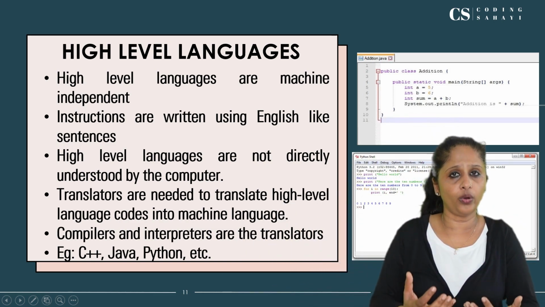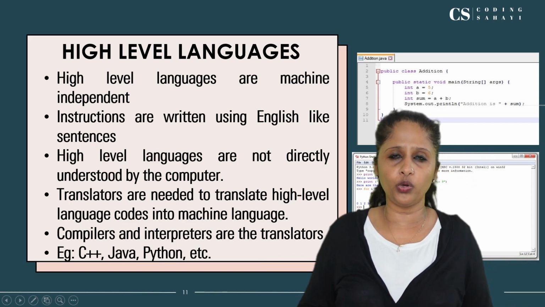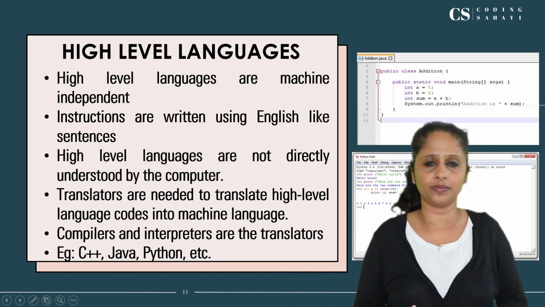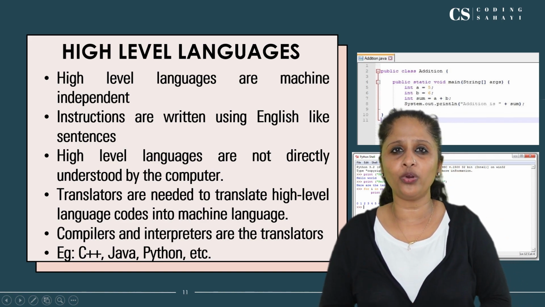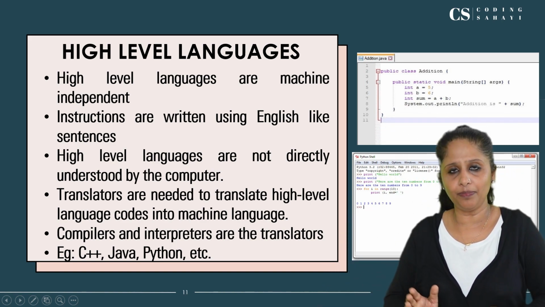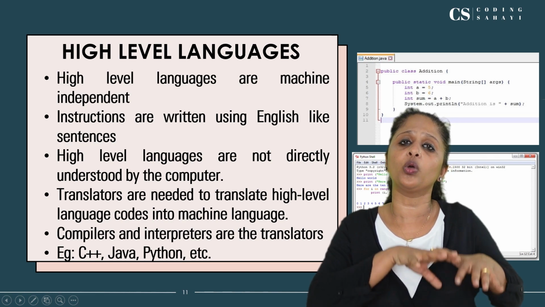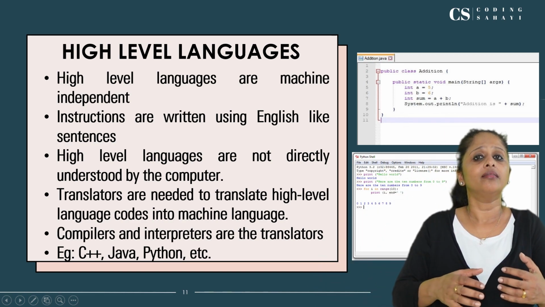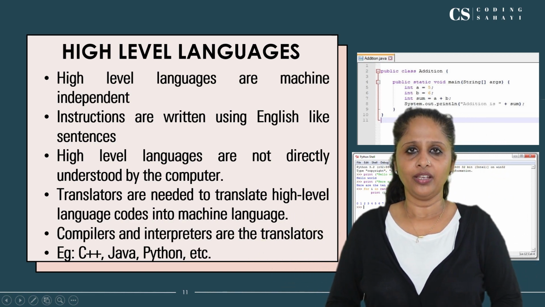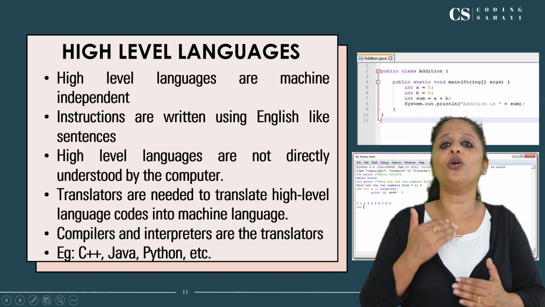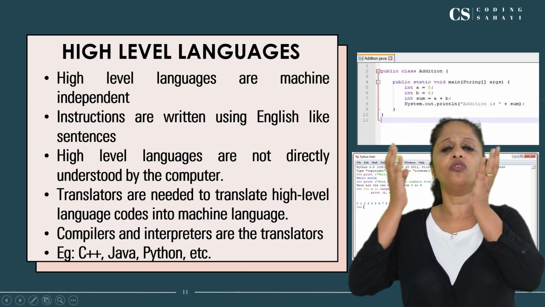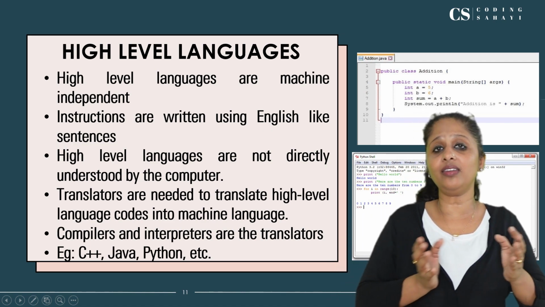It is easy for a normal person to write programs in high-level languages. Most high-level language programs are machine independent. That is, if you write a program on one computer, it works on another computer. So it is easy for us to copy a program from one computer to another, and it is portable also.